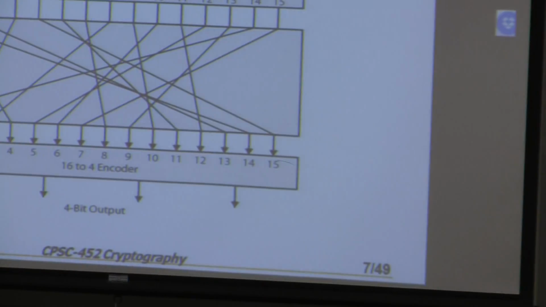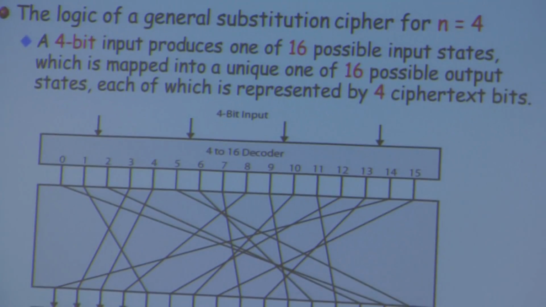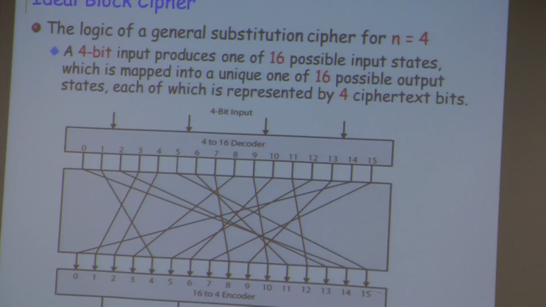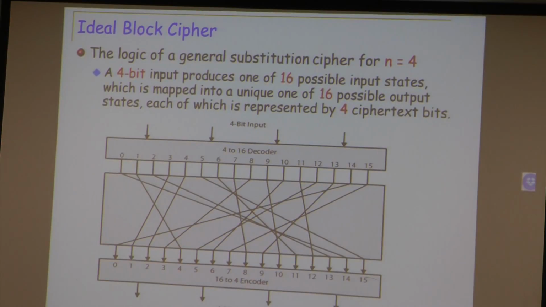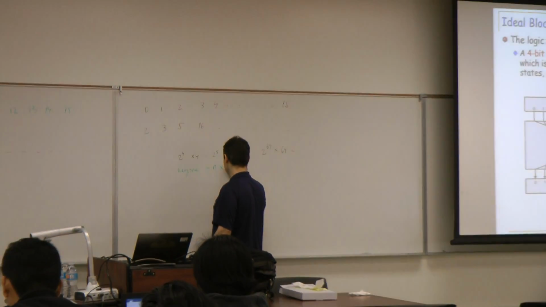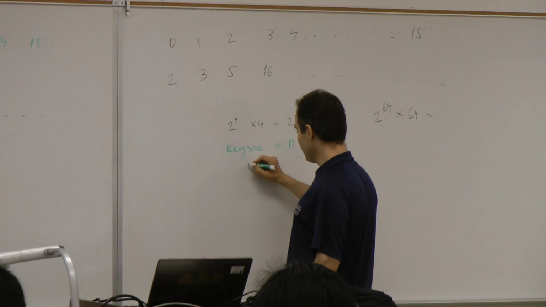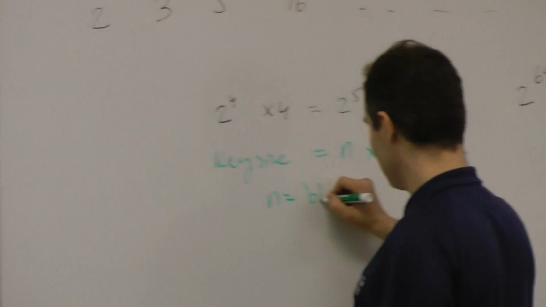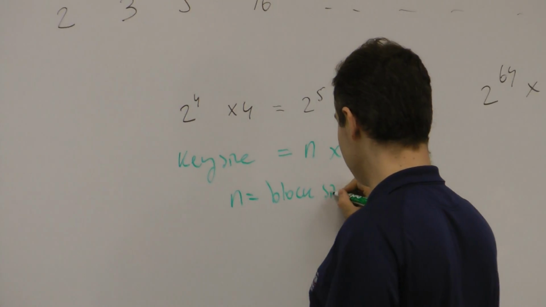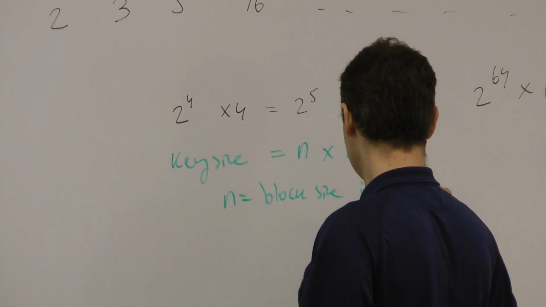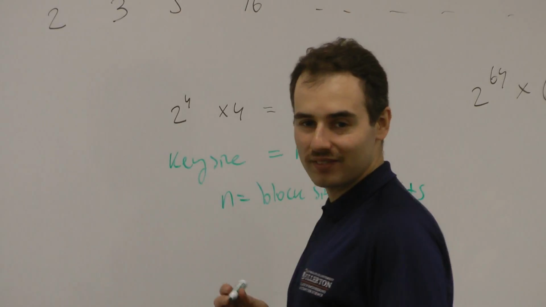Just to review, the key size for the ideal block cipher is equal to n times 2 to the n, where n is the block size in bits, right? Make sense?